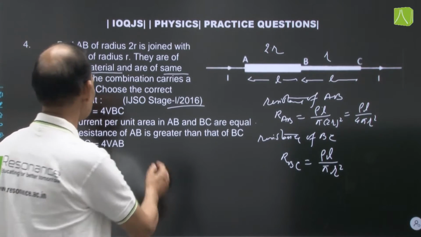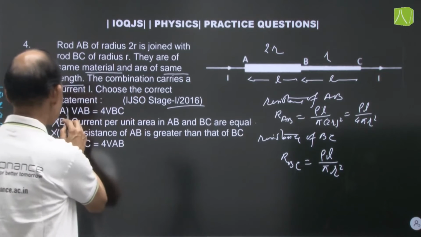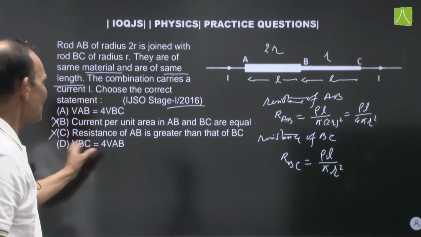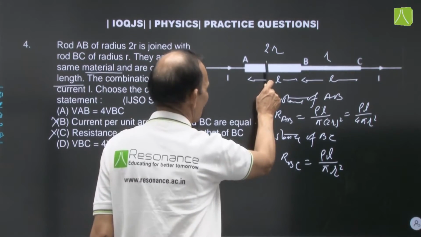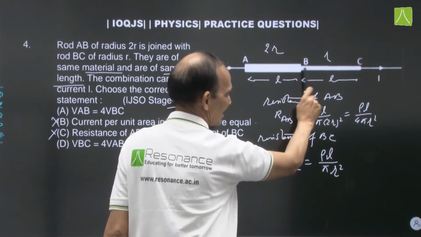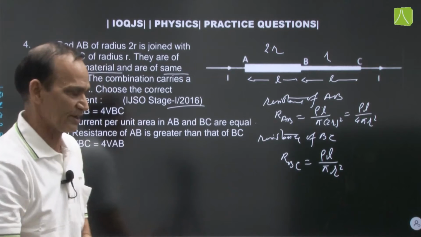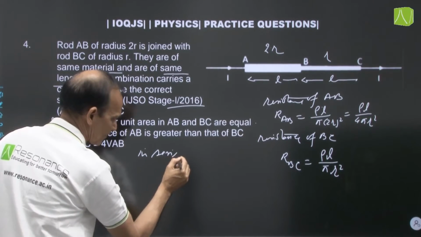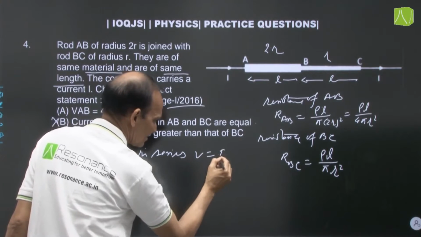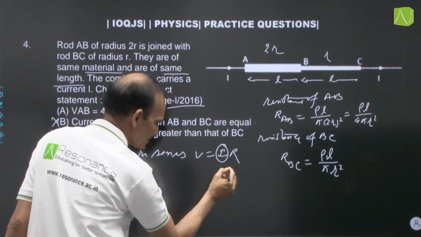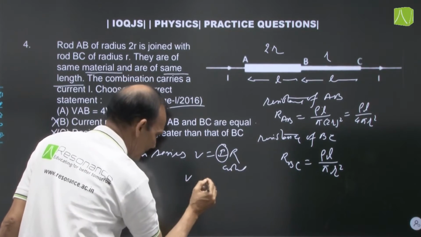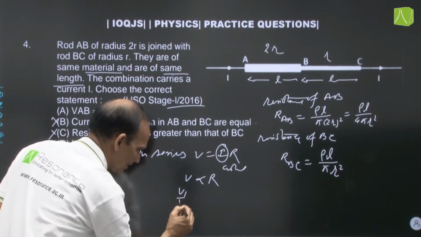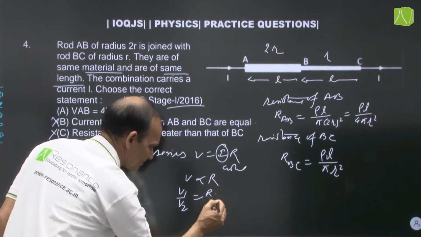Now think about options A and D: V AB is equal to 4 times V BC. It is clear that the resistances R AB and R BC are connected in series. So in series, V is equal to IR, I is constant. So V is proportional to R, which means V1 upon V2 equals R1 by R2.